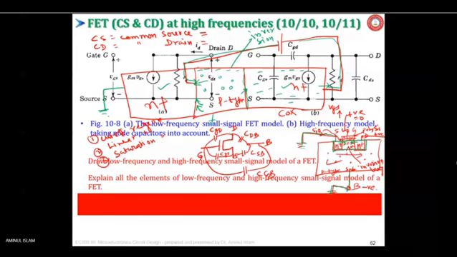Then will the electrons come to this side? This side has plenty of electrons, and the other side has holes, correct? Because it is P type and this is N plus type. Is it possible that electrons will move from the left side to the right side?